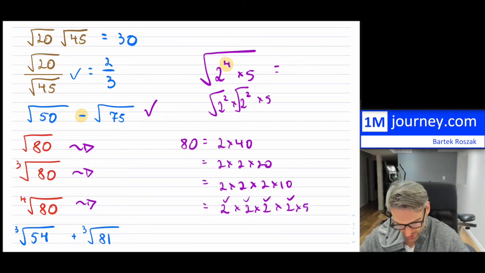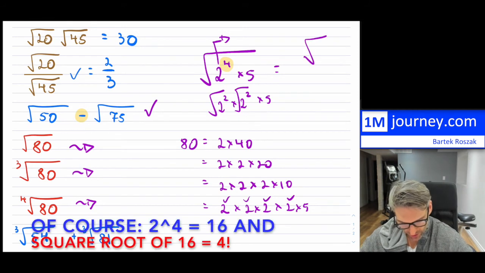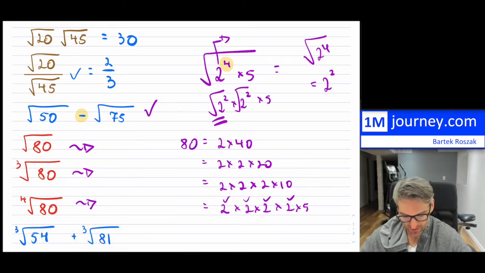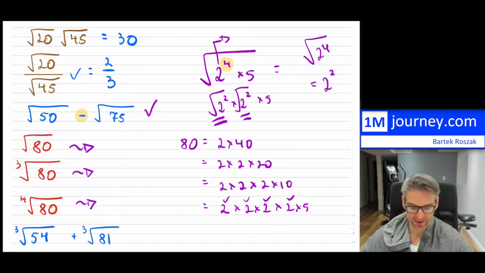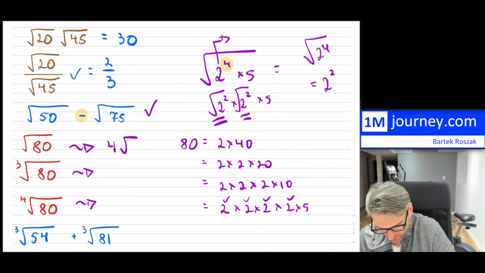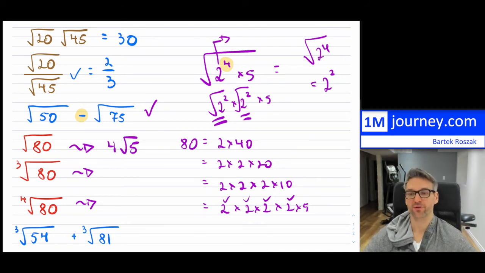So if you take the square root of 2 to the 4, this is just equal to 2 squared. All right, which is 4. And that's exactly what you get from here, because this is 2 times 2, which is 4. So my answer to this entire thing is basically 4. And then under the radical sign, I have a 5. So that's what you have there.